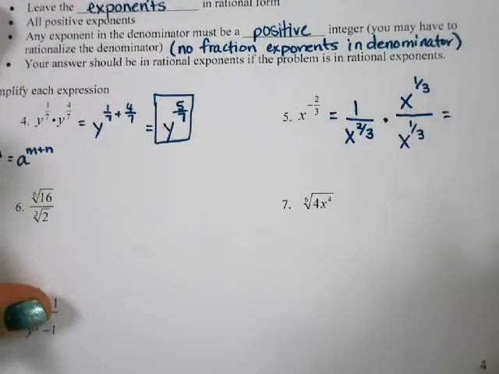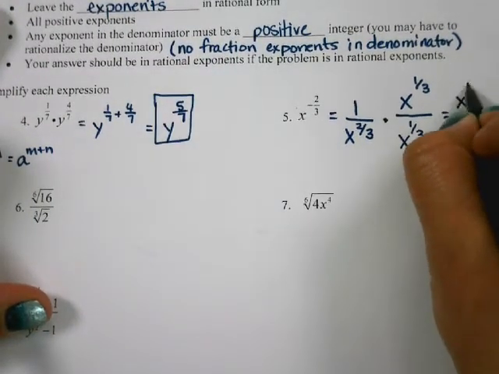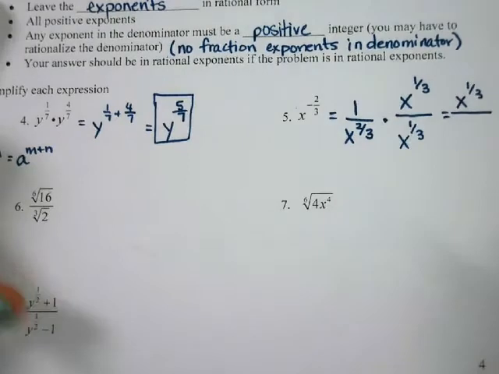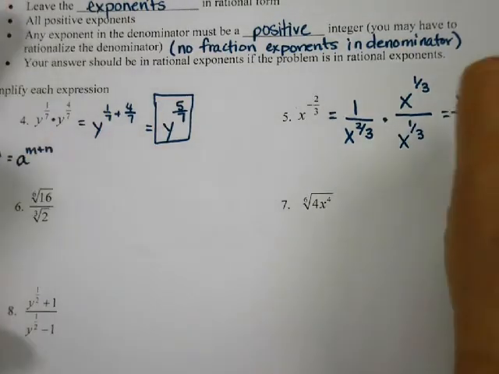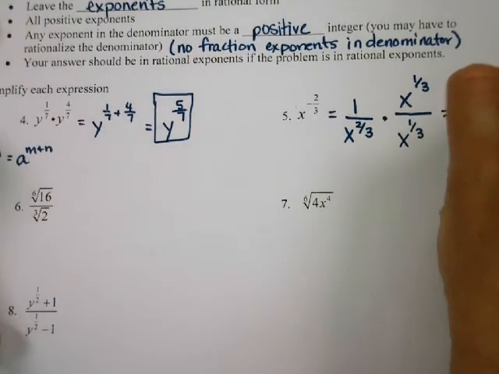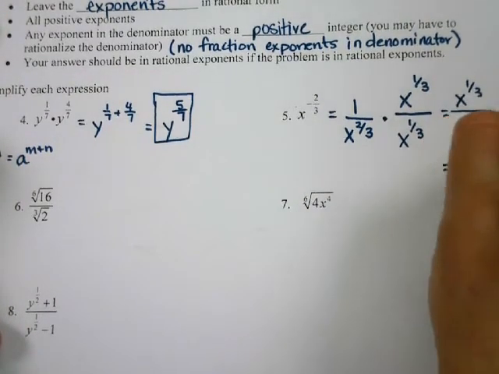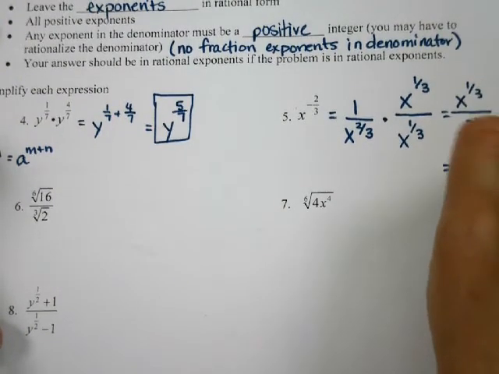So 1 times x to the 1/3 is just x to the 1/3 divided by, keep your base and add your exponents. 2/3 plus 1/3 is 3/3. So this guy becomes x to the 1/3. 3/3 is just 1.